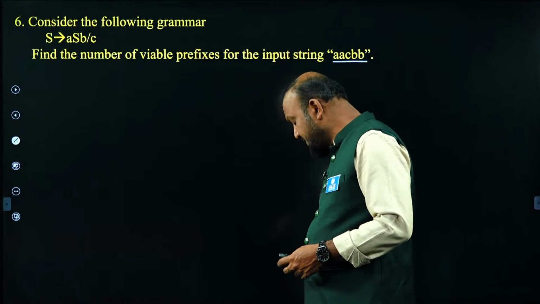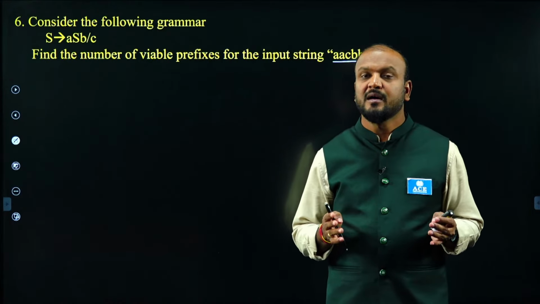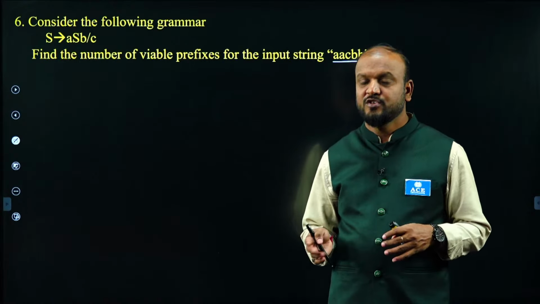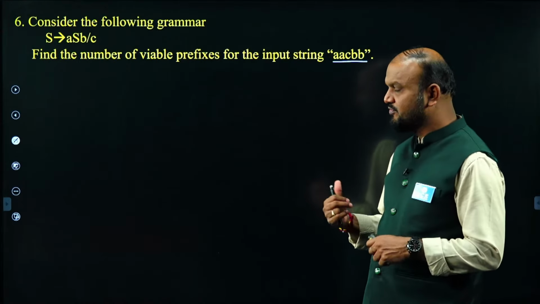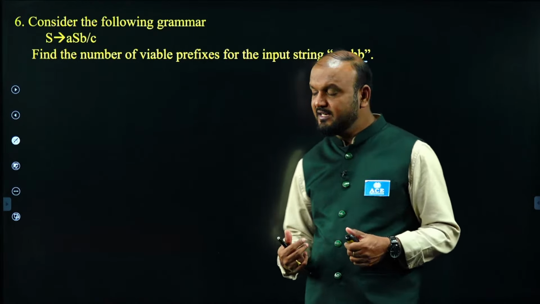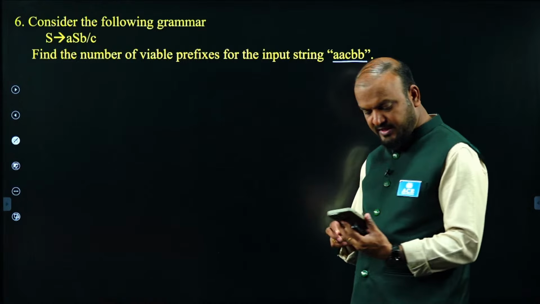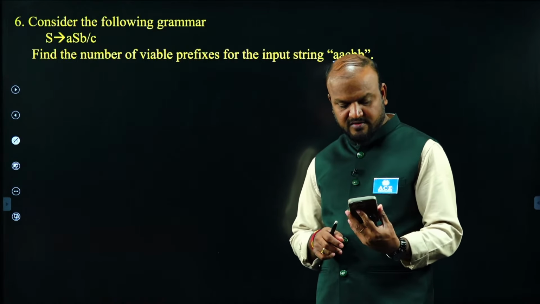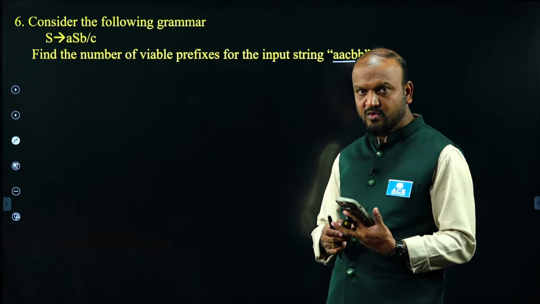Those are called prefixes of a right sentential form that can appear in the stack of a shift reduce parser. Before I finish my explanation, just try to find it and give the answer in the chat box at the earliest. Wow, that's so quick. Sharath, 4 viable prefixes. It might be, hopefully it is wrong.